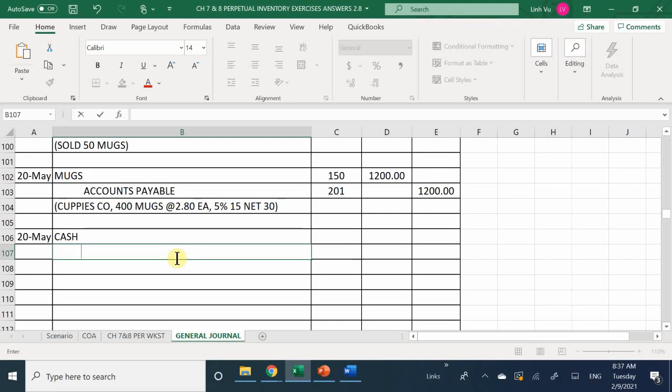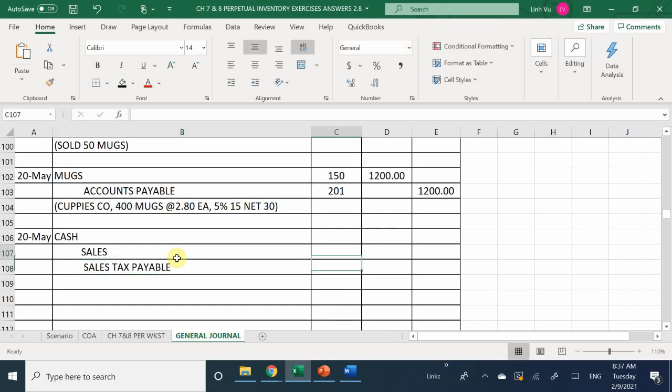Sales, and sales tax, yes. So again, that should be cash is 101, sales should be 401, and my sales tax payable should be 230.